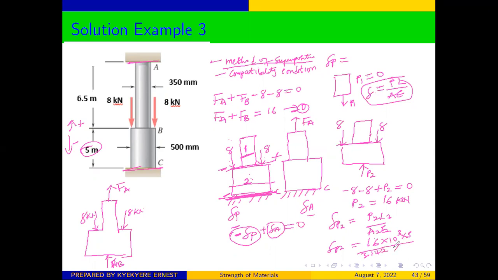3.142 times the diameter, which is 0.5 squared, all on 4 times 5. And the modulus of elasticity, which is 2 times 10 to the power 6.